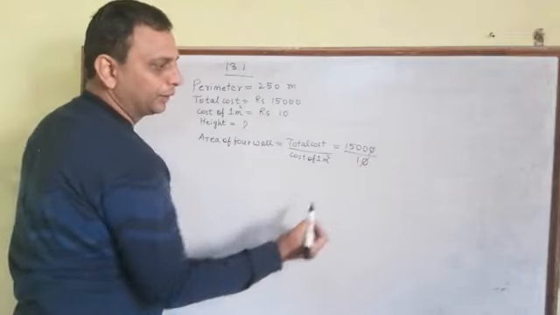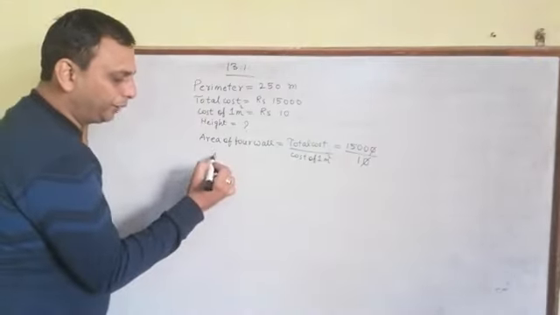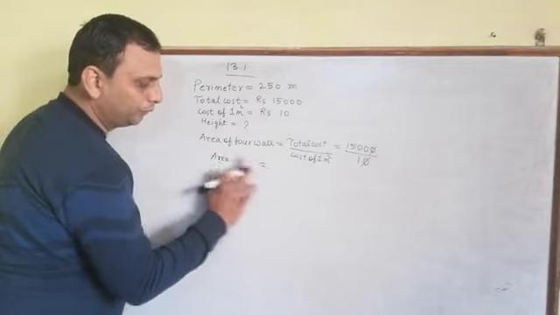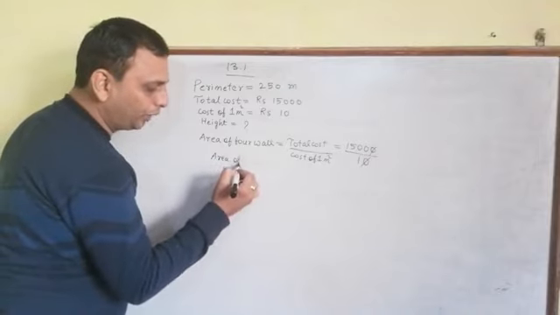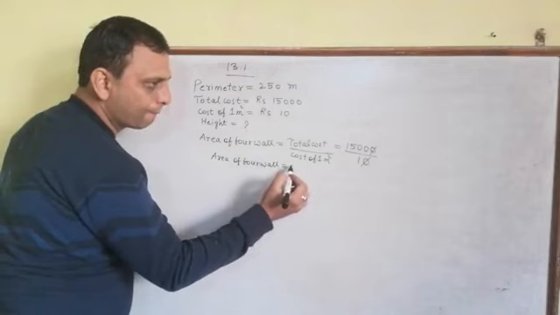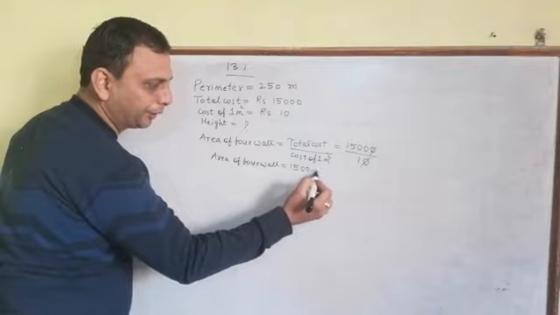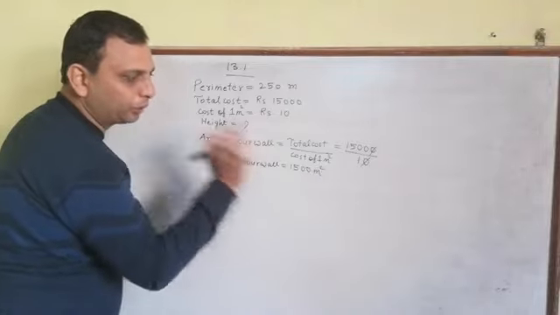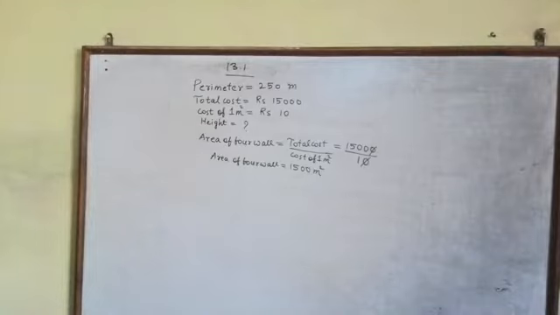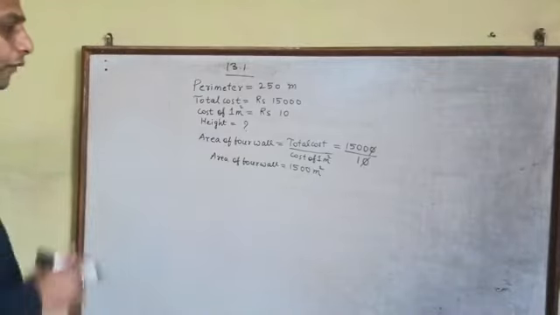So the zeros cancel, and the area of the four walls will be 1,500 meter square. Why meter square? Because the cost is per meter square. 1,500 meter square is the area.